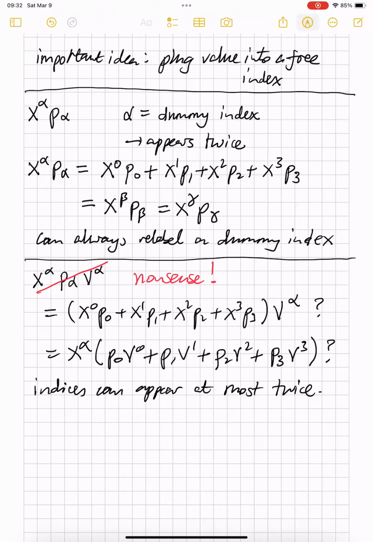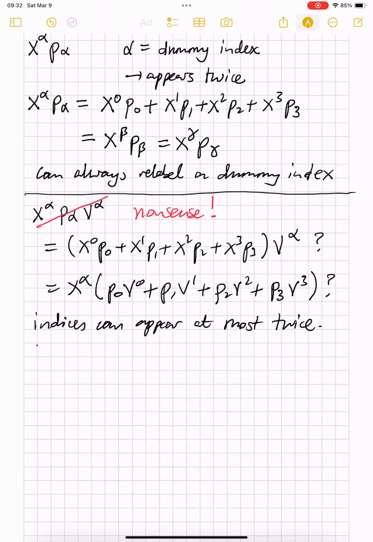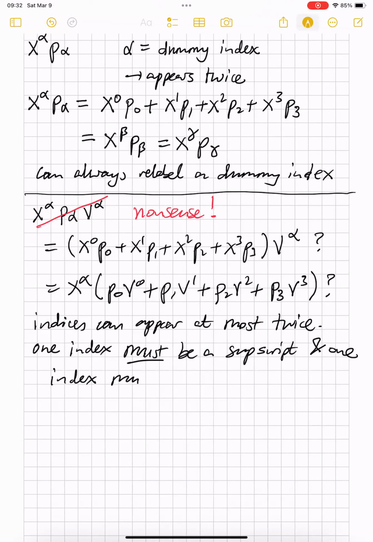And if they appear two times, one index must be a subscript, or equivalently, a covariant index, and one index must be a superscript, or equivalently, a contravariant index.